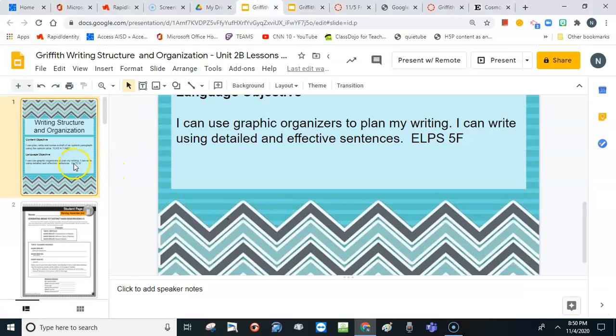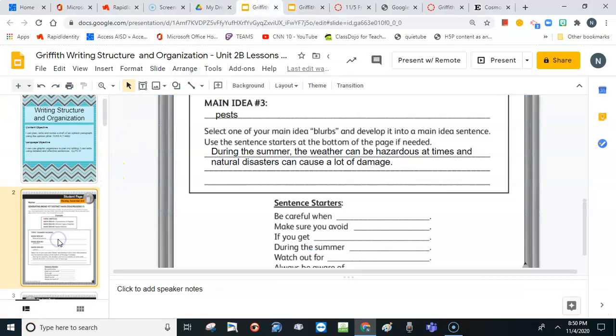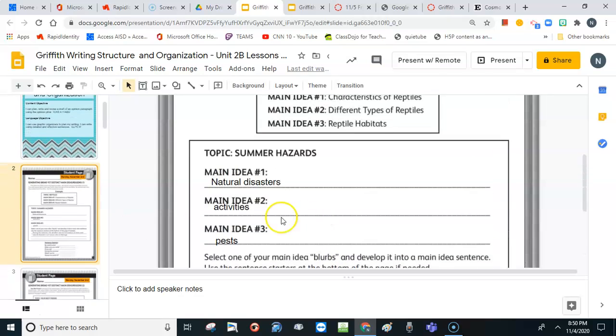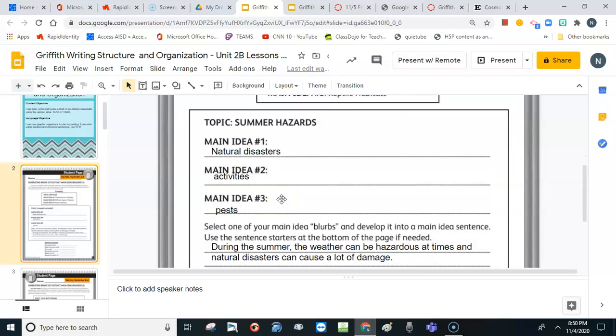Okay, so on Monday, we started coming up with main idea blurbs. Remember that blurbs are just very short, two to three words that describe the topics that you want to talk about.